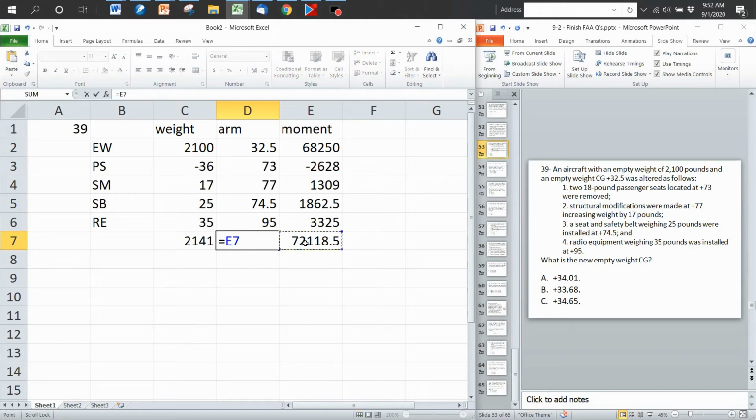Here's the big one, divided by, on the computer, is this backslash. Divided by, and there is our cell we're dividing it by, and I get 33.68. And if I look over on my choices, I see that B is my choice, 33.68, and I've successfully done this problem, and it works pretty well.